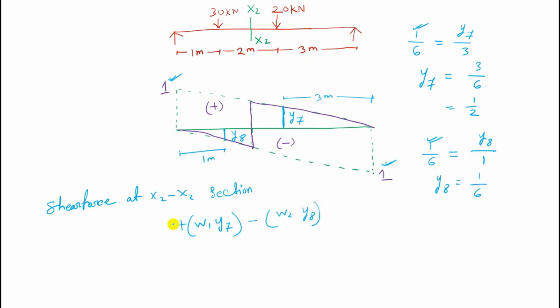Because it is in a negative zone, W1 means 20 multiplied by half, minus W2 means 30 multiplied by 1 by 6.